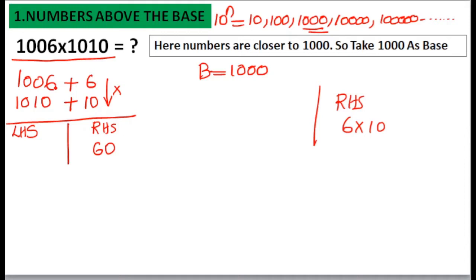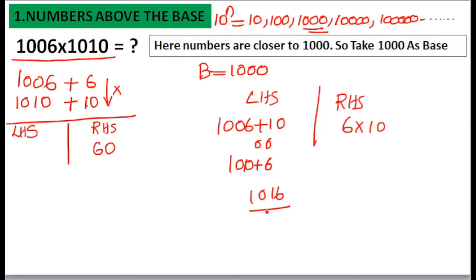And your LHS is 1006 plus 10 or 1010 plus 6. Both are 1016. So 1016 is your LHS.